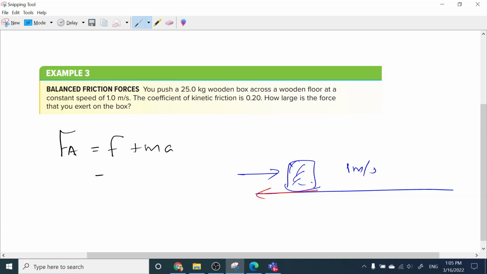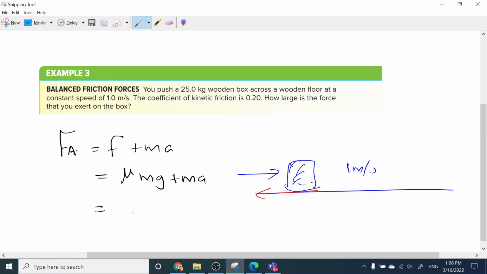The frictional force is the coefficient of friction multiplied by the normal force. If the surface is horizontal, not inclined, then the normal force is equal to mg. So directly I will write friction is mu mg, plus ma. Ma is the net force.